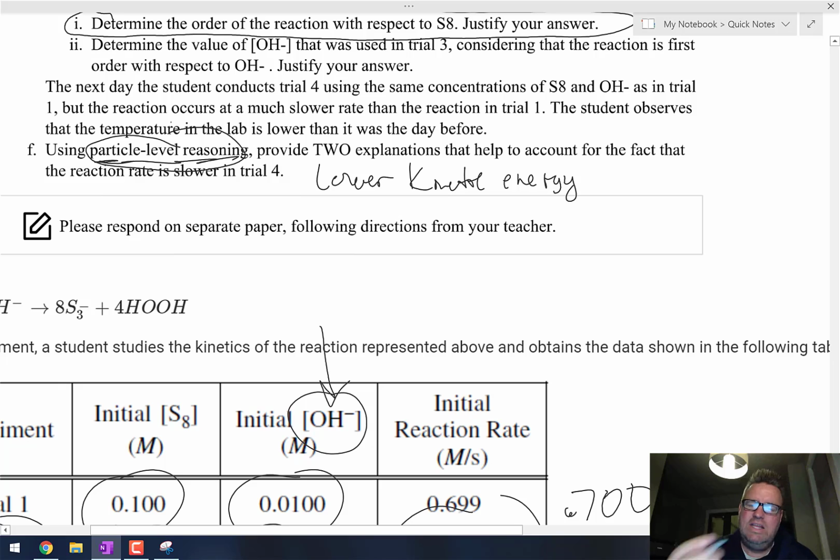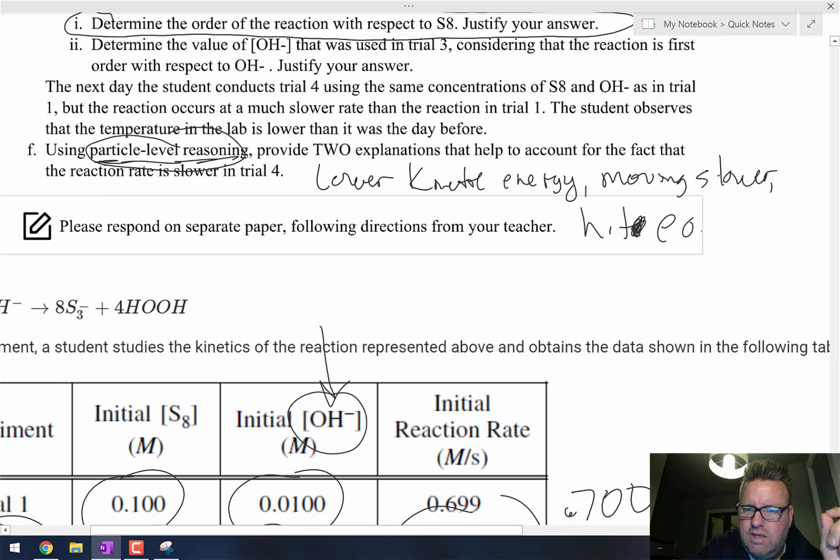But that leads us into, at a lower kinetic energy, they are moving slower. Getting there, we're almost there. If they're moving slower, they hit each other less often. So there we go. Now we're talking about the particles.